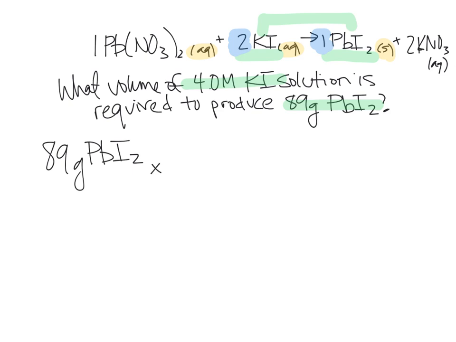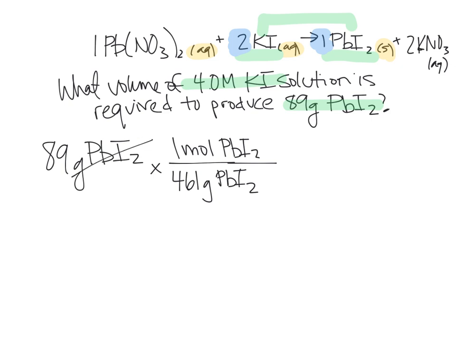In order to do that, I must calculate its molar mass, so I have to look in the periodic table. We have 1 lead, which is 207.2 grams, and then we have 2 iodines, each of which are 126.9. So we get a total of 461 grams of lead iodide in every 1 mole of lead iodide. If I stop the problem here, that would give me moles of lead iodide.